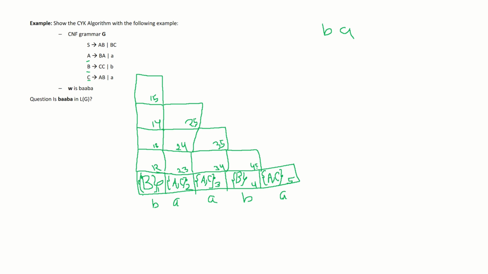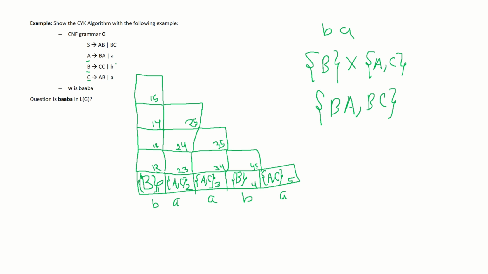We can generate position 1 from B, and position 2, A, we can generate from A and C. Now what we will do is take the cross product of these two sets, which gives us BA, BC. Now we will look in this grammar and check whether we can produce BA or BC.